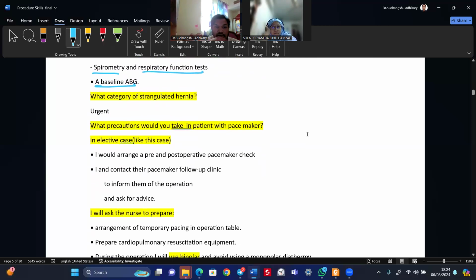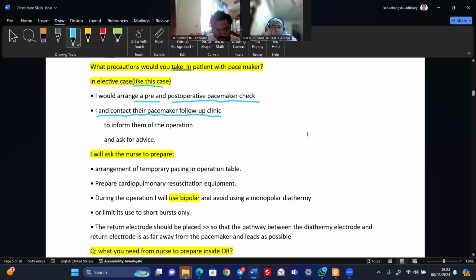What category is a strangulated hernia? It's urgent. What precautions would you take in a patient with a pacemaker in an elective case like this? Arrange a pre and post operative pacemaker check. Contact their pacemaker follow-up clinic to inform them of the operation and ask for advice.